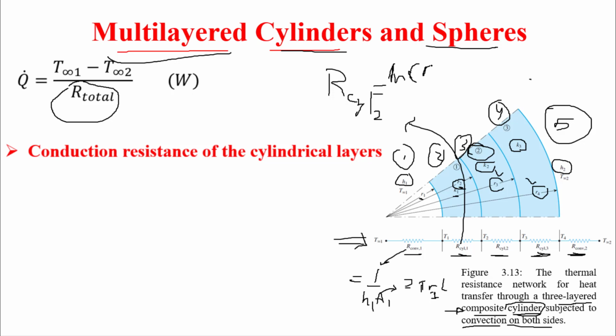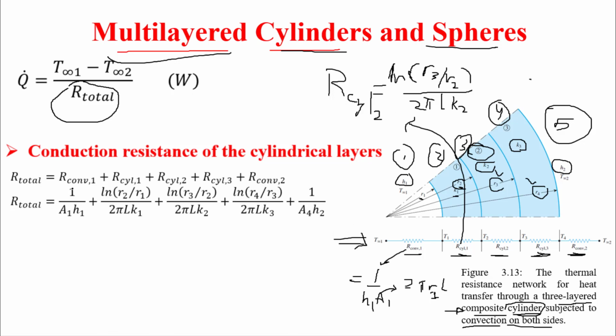Outer radius for layer number 2 is R3, correct, divided by R2, divided by 2 pi L, and since we are talking about layer 2, this is K2, okay. So this is for cylinder 2 and so on, okay.